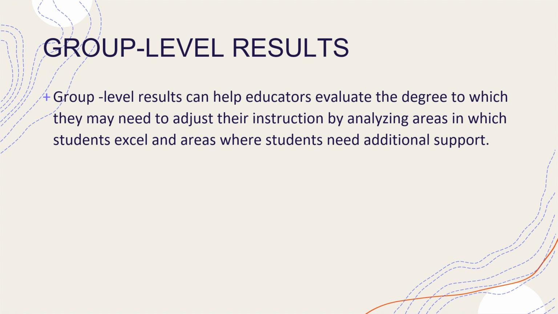Group level results can help educators evaluate the degree to which they may need to adjust their instruction by analyzing areas in which students excel and areas where students need additional support. The Smarter Reporting System allows teachers to view summative and interim test results for students to which they are assigned.